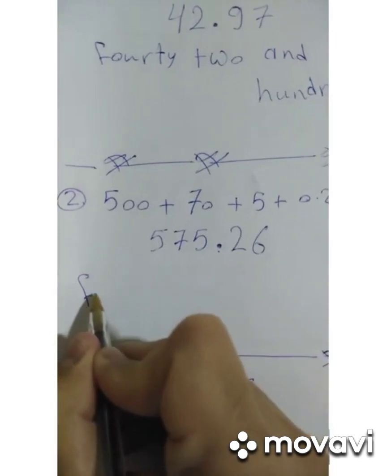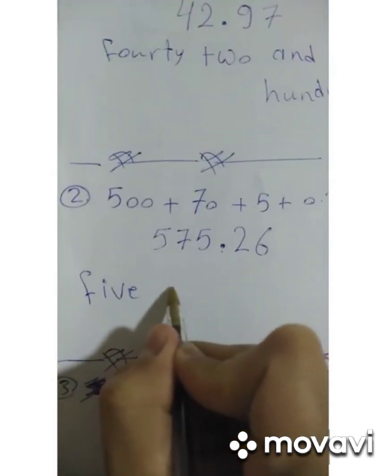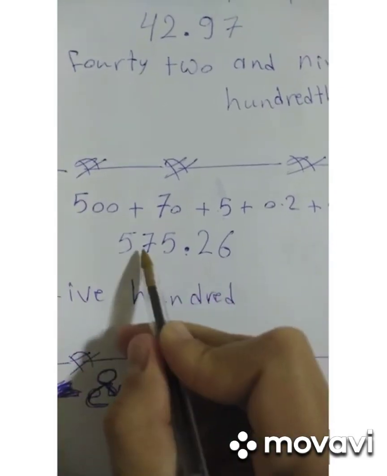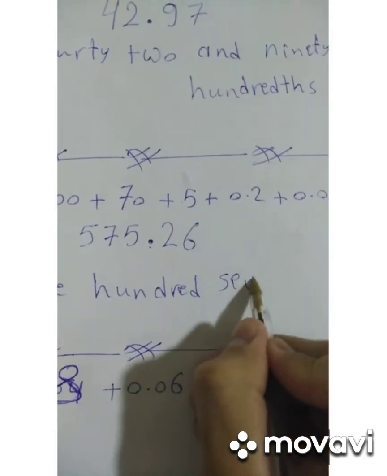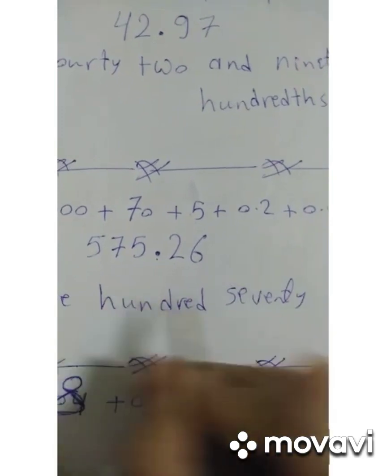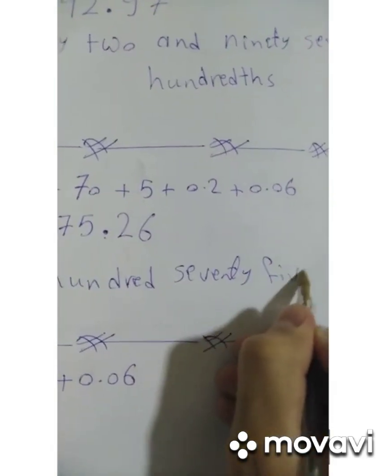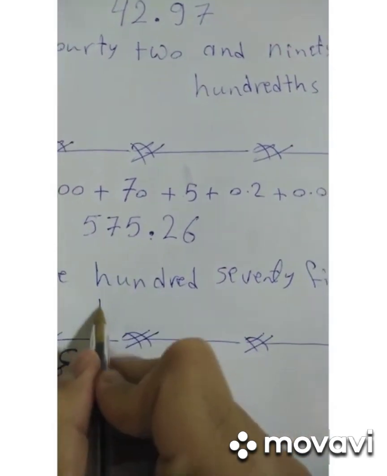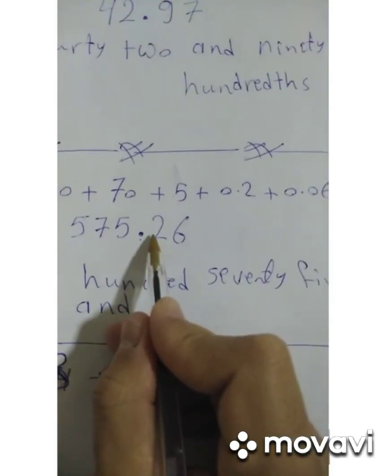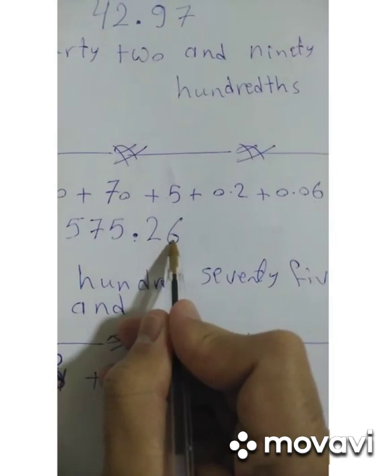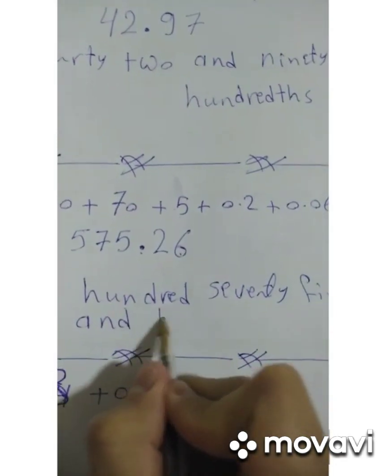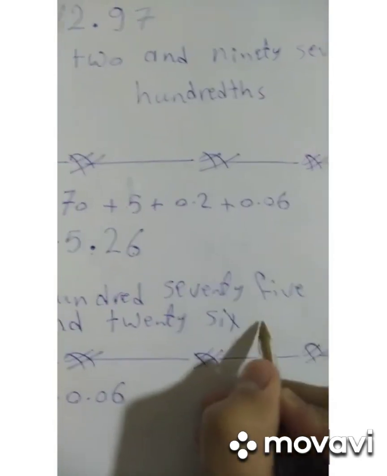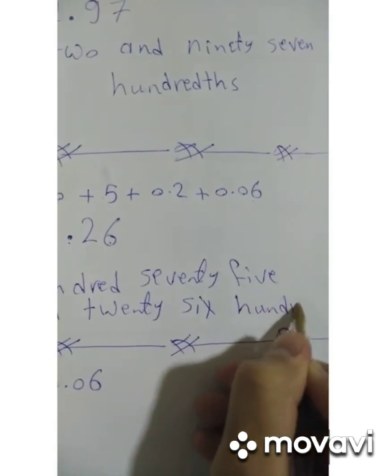Yes, 575. The decimal means what? And 26 hundredths.